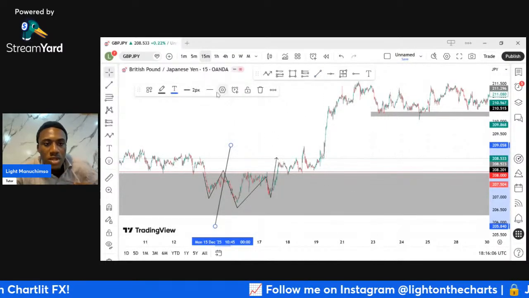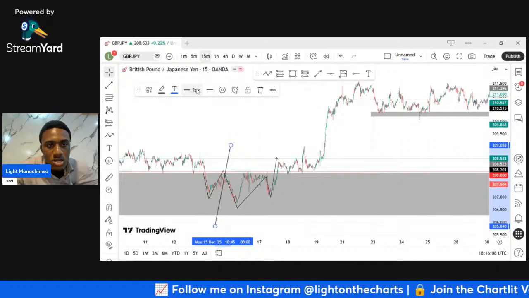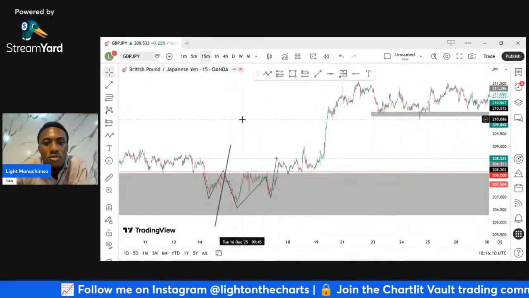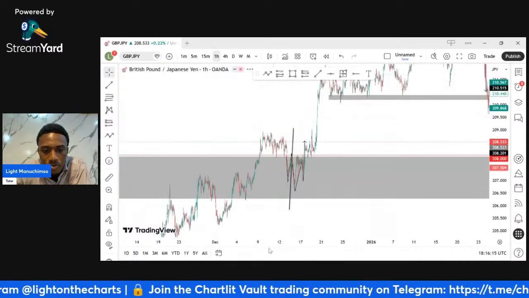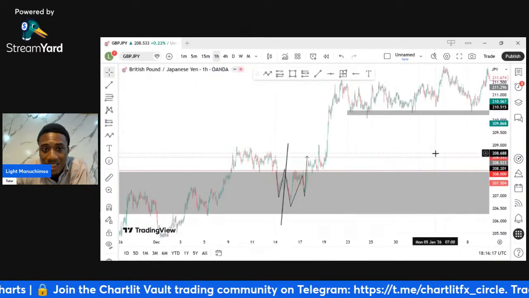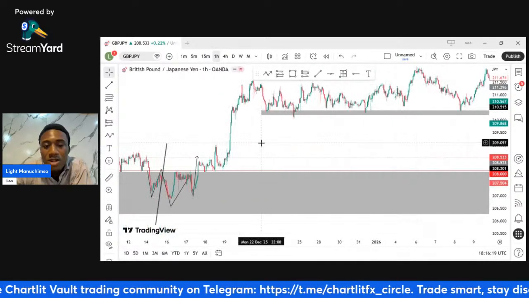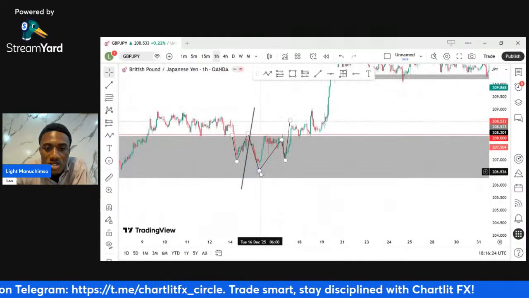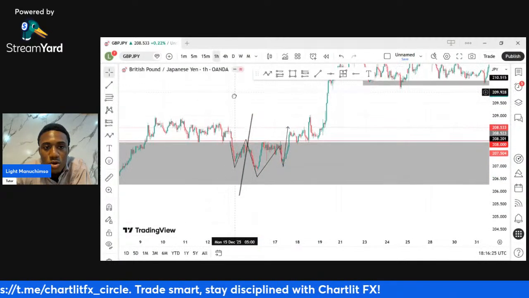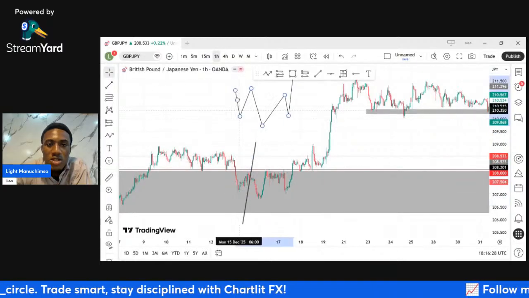Maybe if we go down to a bigger time frame, like 1 hour, it might look like it. Let's see what it looks like. But like I said, time frames are the same candlesticks telling us the same story, just different representations of it.